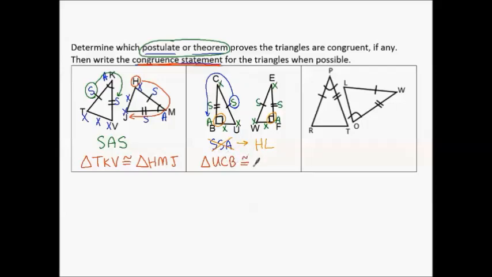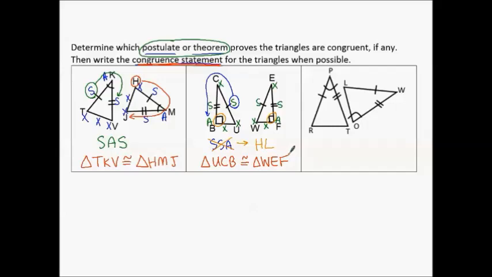Let's make sure we match up the corresponding parts in the other triangle. Notice to go from U to C to B, I went from the 1 slash side over the 2 slash side and down to the right angle. So similarly, I'll go W, E, F.